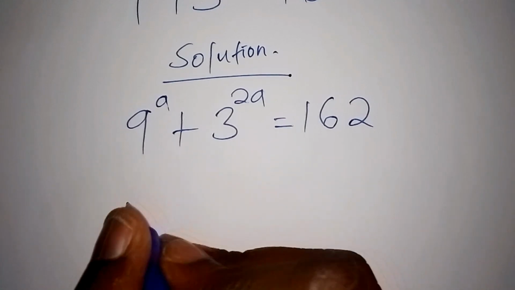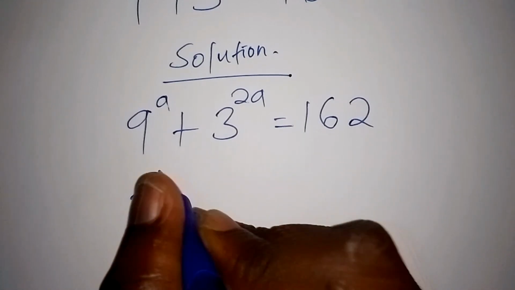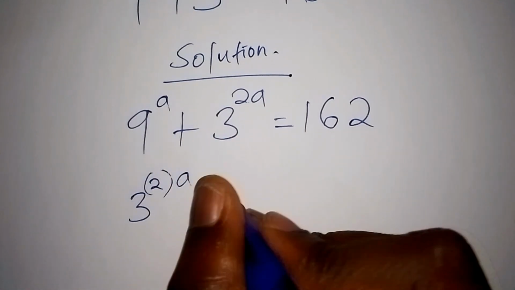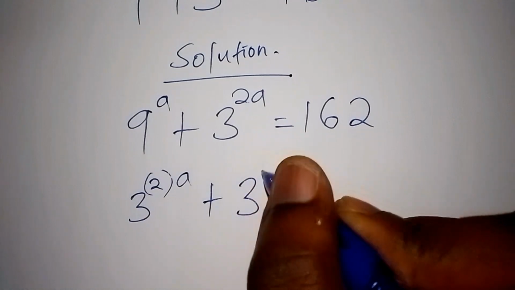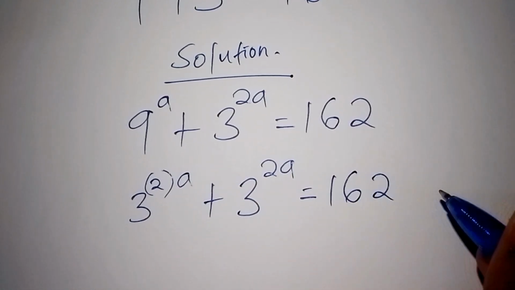That means that now we shall have 3 to the power of 2, in brackets, to the power of a, plus also 3 to the power of 2a is equal to 162.